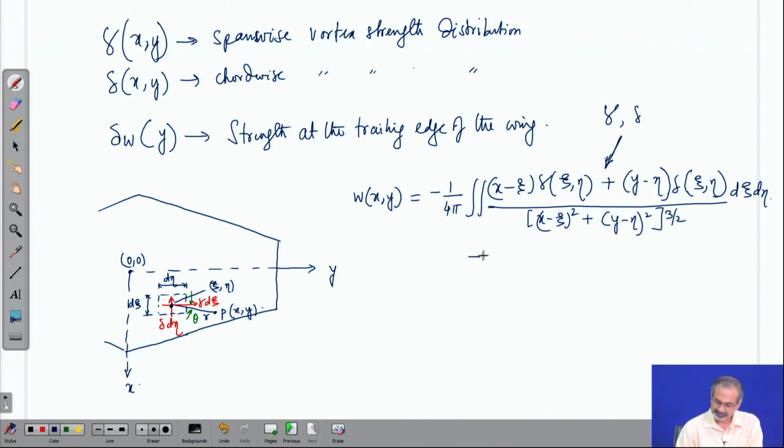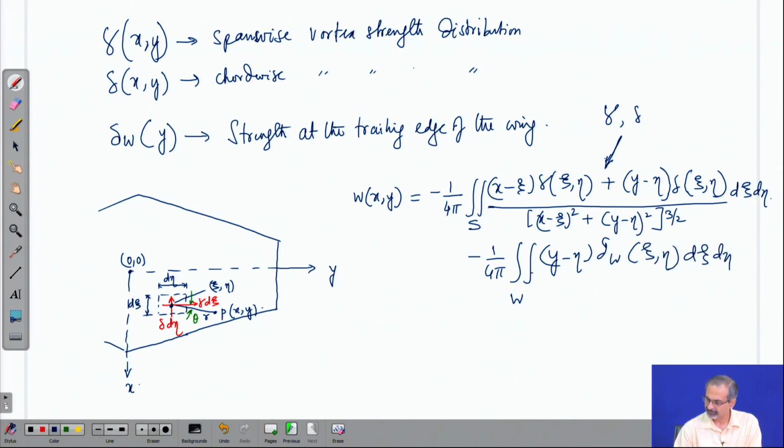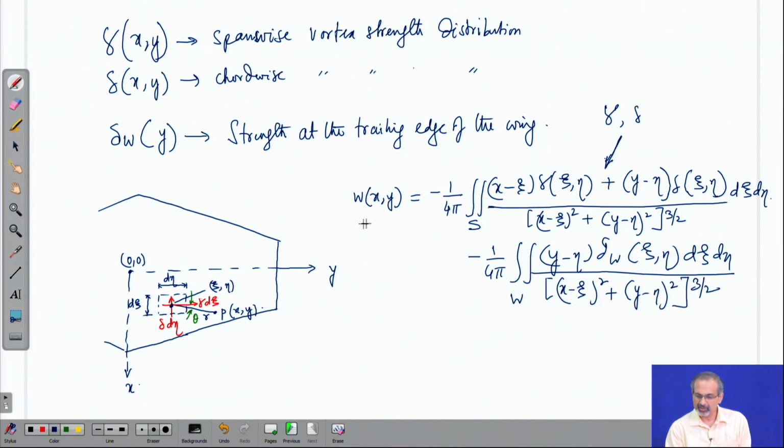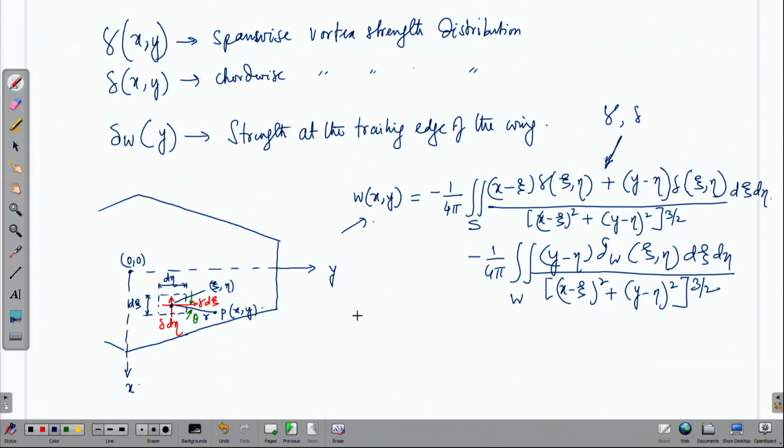And then comes the effect of the wake. So, this is on the surface of the wing, the other part comes from the wake. You can try working out this relation on your own by using Biot-Savart law. We are just stating the final relation, okay?